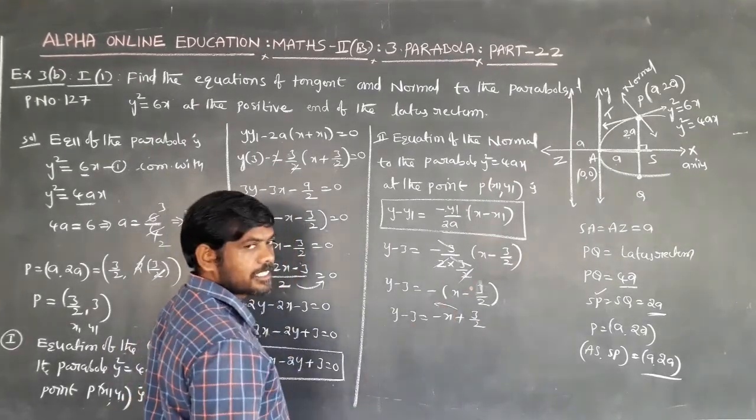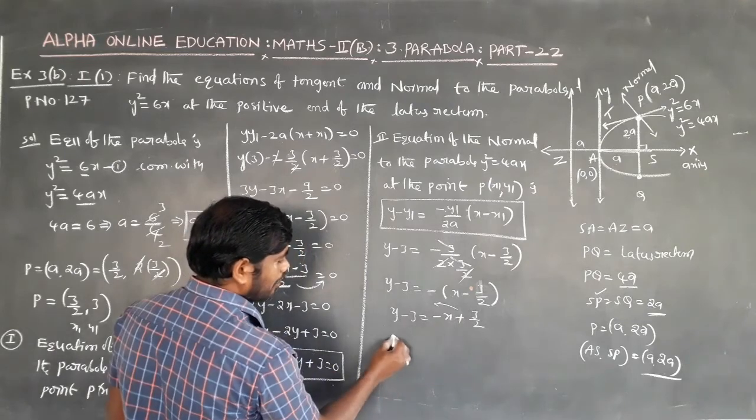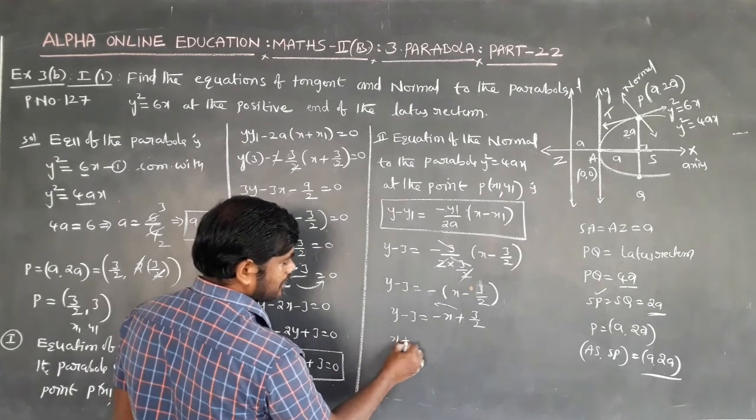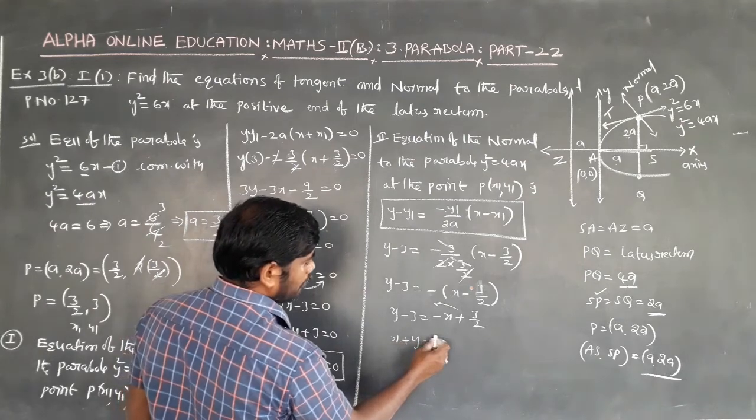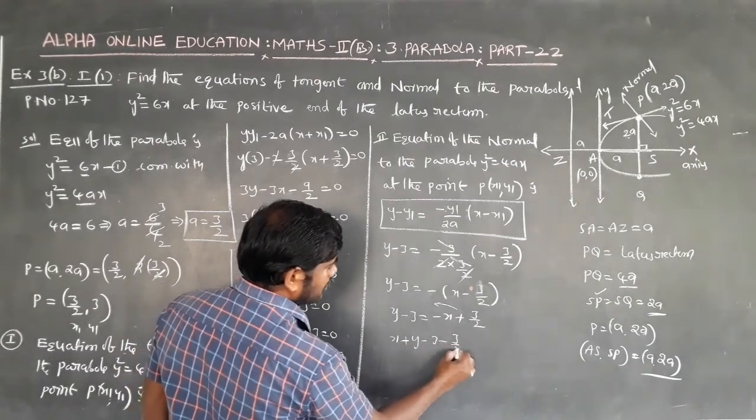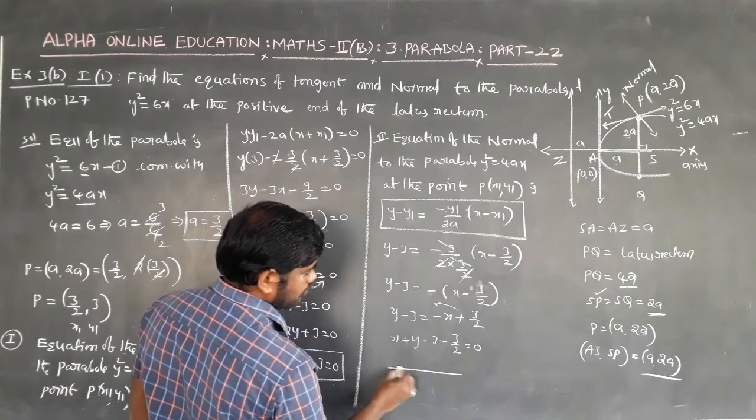Taking minus x plus 3 by 2 to the left side, minus x becomes plus x, plus y minus 3 by 2 is equal to 0.